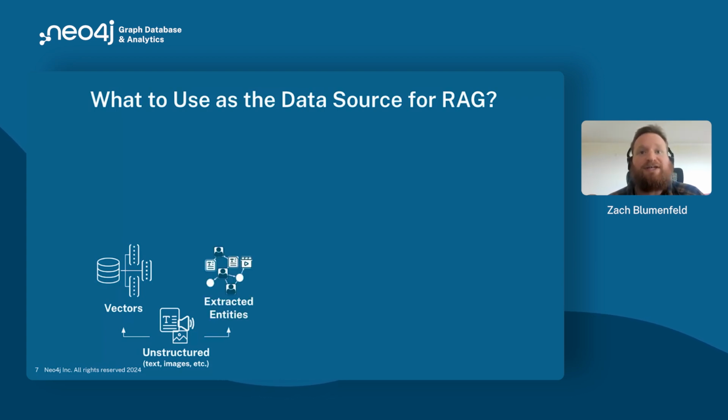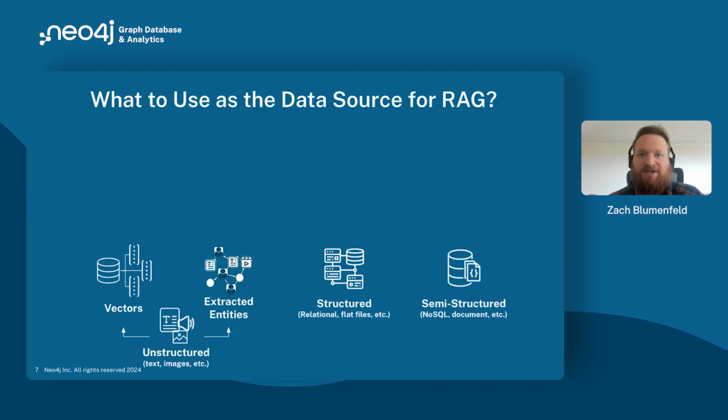We can also extract structured information, different entities and relationships between different entities from that data. And then in addition to unstructured data, there can also be structured data like your operational store relational database, as well as different types of flat files like CSVs and tables. And then there's semi-structured data, which is like the document stuff that kind of sits in between.